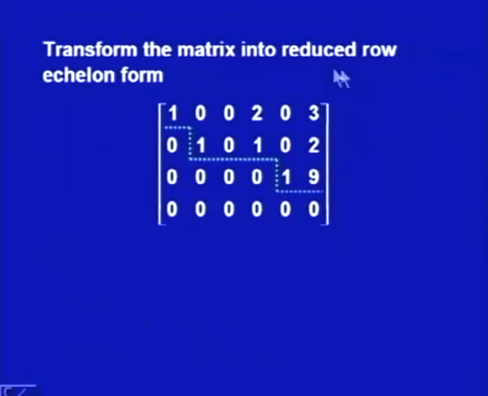We call it reduced row echelon form because every row will have a leading one. This row has a leading one, this row has a leading one, and the third row has a leading one. The leading one means if this particular row has a leading one, then all other elements in this column will be 0.